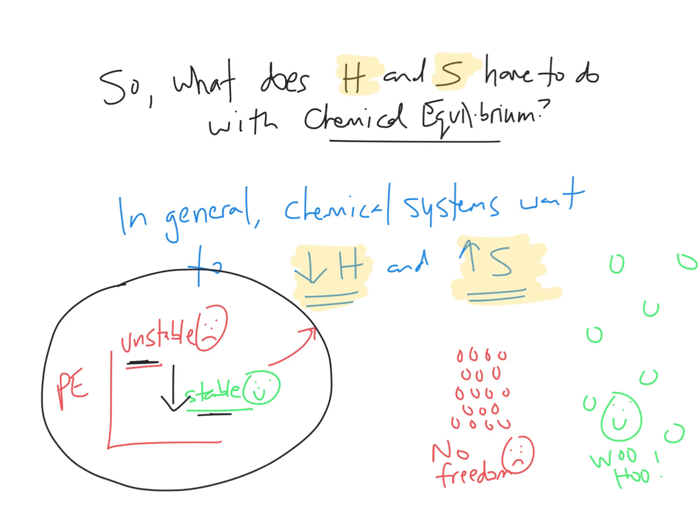Systems want to be in a more stable and lower potential energy state if they can be. And in terms of entropy, they would much rather be like the green molecules on the right, with a lot of freedom in their gaseous form, as opposed to very rigidly condensed into a structured and orderly solid, or a liquid where they're forced to be close to each other and don't have that much freedom.